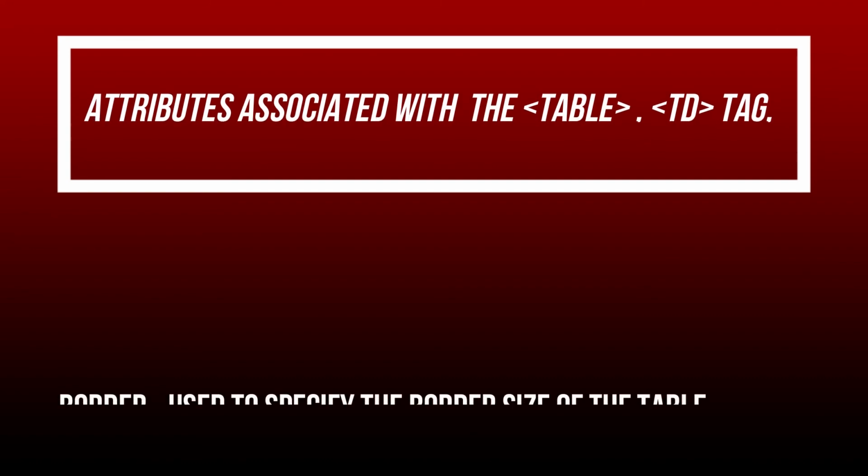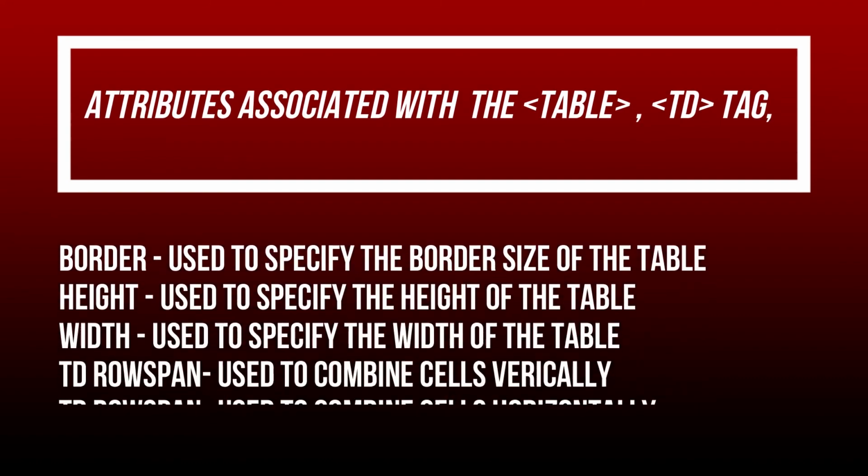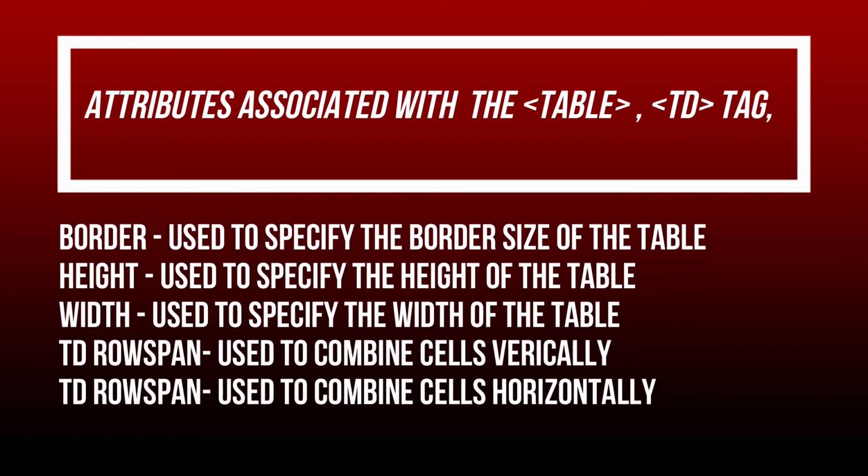The attributes that are associated with table tag and TD tag are border, height, width, row span, and col span. See, row span and col span are used to combine rows and columns vertically and horizontally. There are examples. When I show you the examples, you will understand it much better.